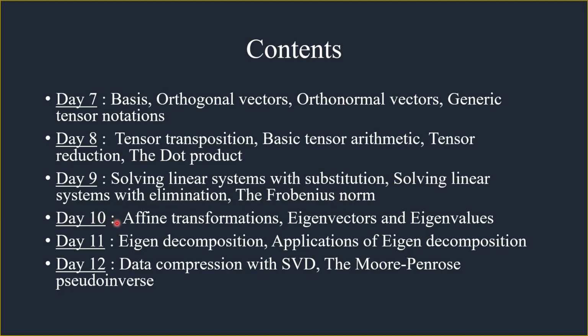On day 10 we learned about affine transformations, eigenvectors, and eigenvalues, and we also saw some code on NumPy on how to do the eigen transformations. And yesterday, on day 11, we saw eigen decomposition and applications of eigen decomposition.